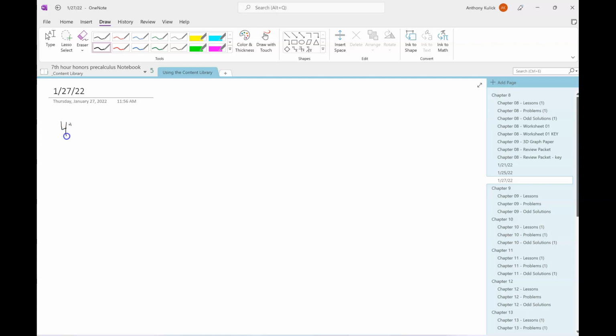All right, so for 41, we're given that the vector u is 3, 8, and the vector v is 7, 2.